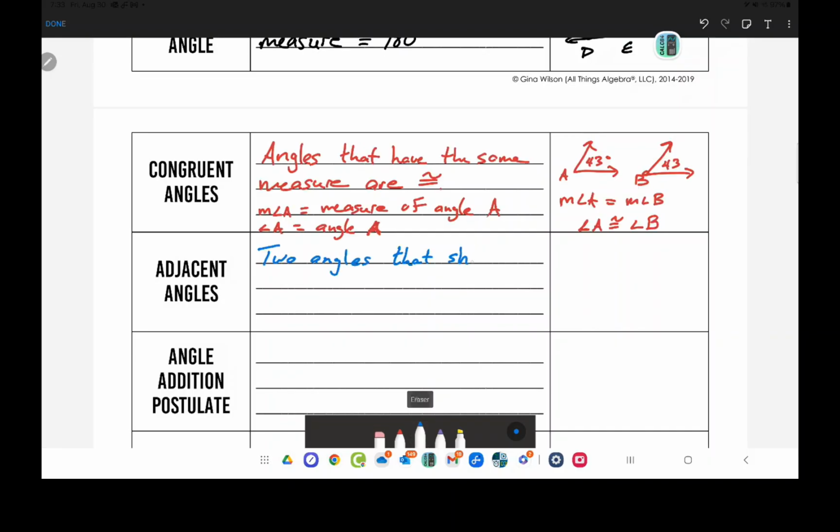So here we have angle ABD, which is adjacent to angle CBD.